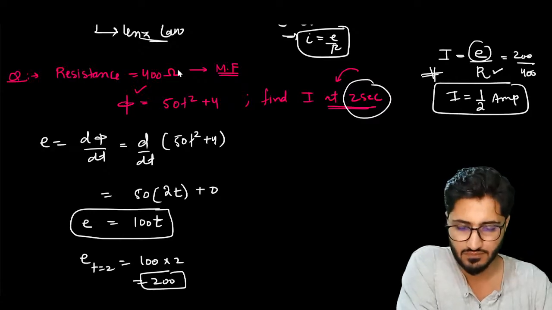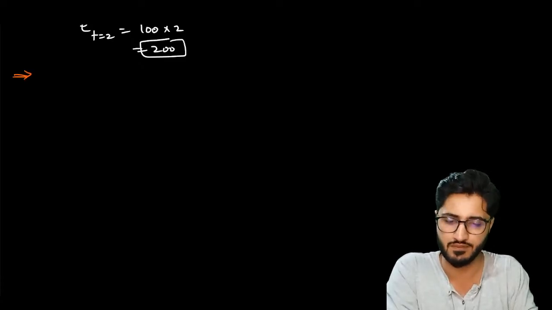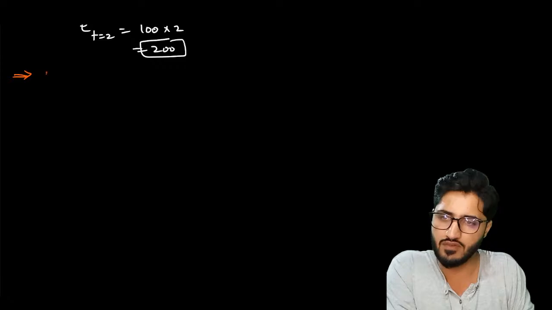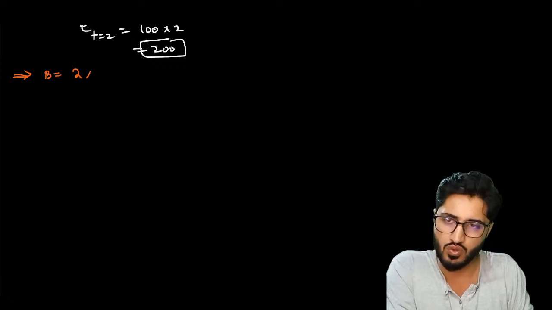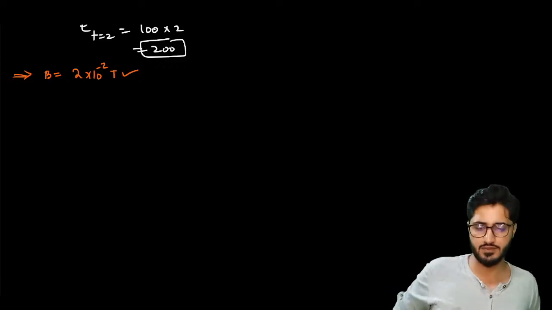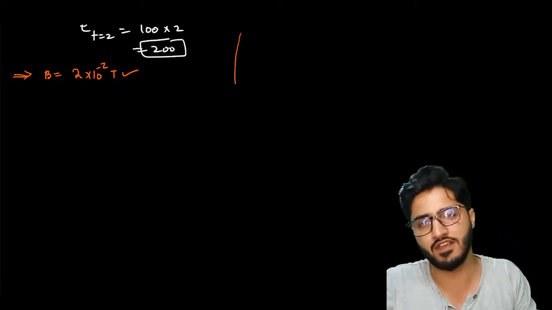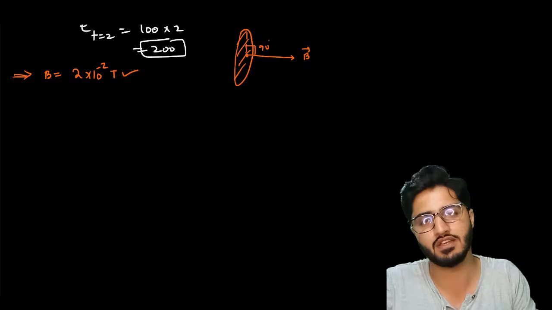Okay. That's one more numerical, somewhat bigger than this one, no? So now my B is given. It is 2 into 10 to the power minus 2 Tesla. And my theta, that means if this is the surface of my area, B is going in this way, 90 degree with my surface, like this.